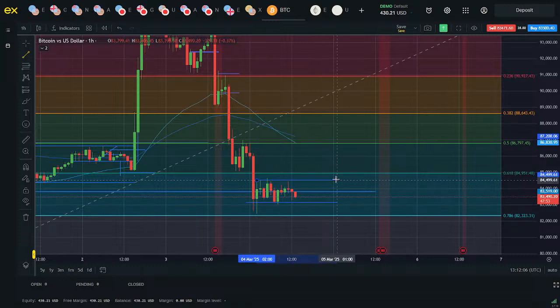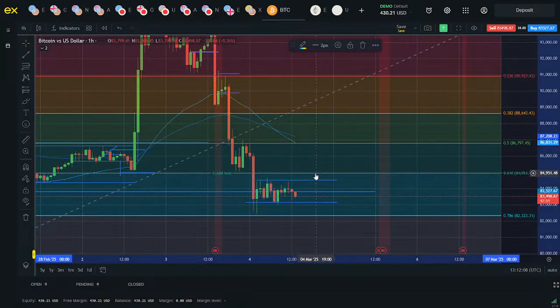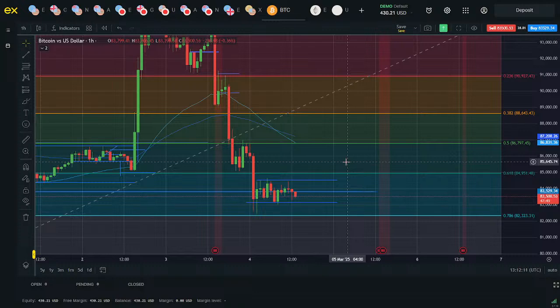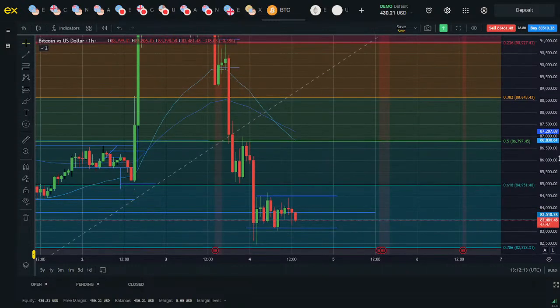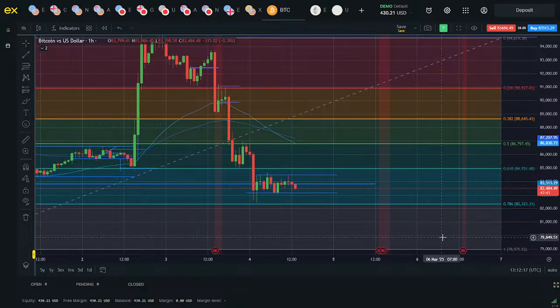Okay, this is the trapping of BTC. Let BTC break this channel or give a breakout little bit, and then you guys can definitely plan a trade, because at this very moment BTC is trapped. Let BTC break out, give a breakout in any of the directions, and then just let's see how things go.